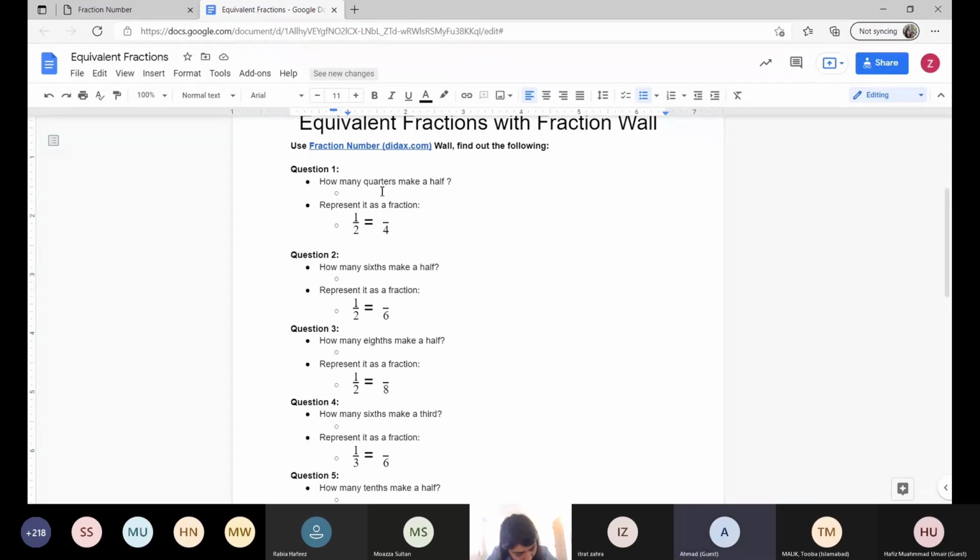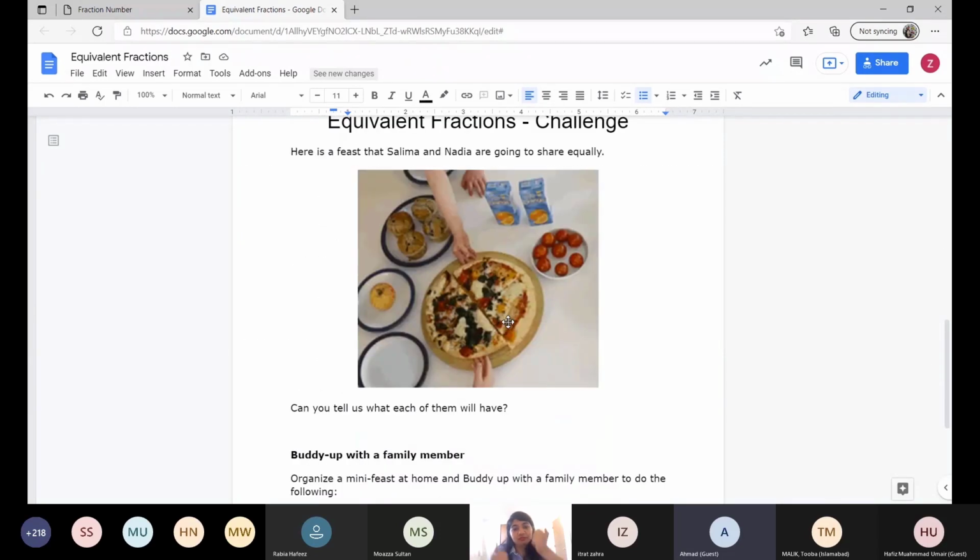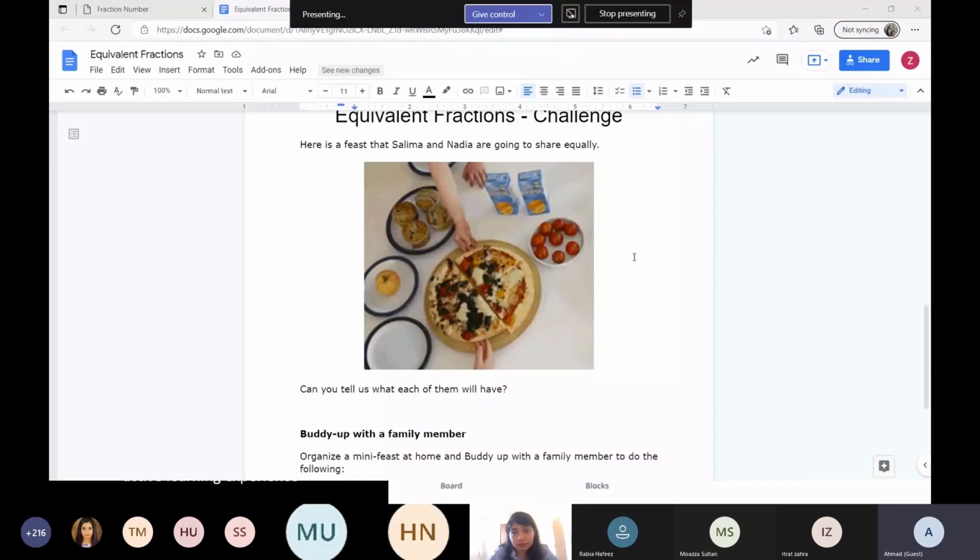Sorry, I'm saying we can introduce such type of fraction by sharing, for example, cake sharing and pizza sharing, because students are interested in such type of things at this level when we are introducing fractions. Students are interested in sharing pizza and cake equally among friends. We can introduce such type of fraction by doing this.